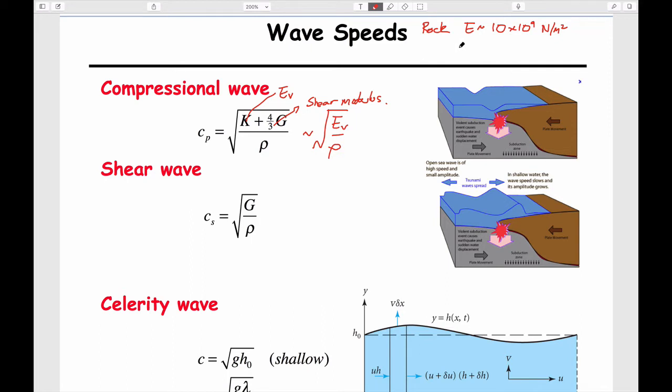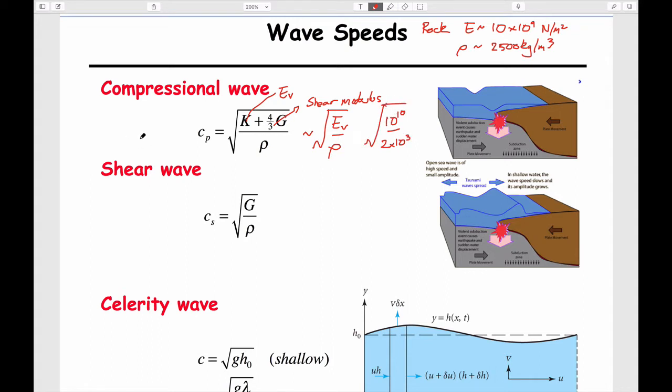We know that in rock the density is something like 2,500 kilograms per meter cubed. And so if you wanted to, you could calculate exactly what you think the wave velocity is. So this is 10 to the 10 divided by 2 times, I'm just going to use 2,000, 2 times 10 to the 3.